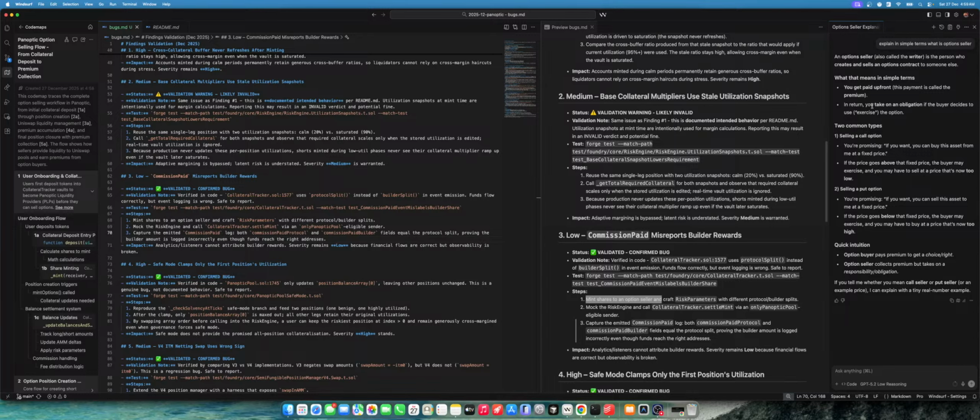And in return you take on the obligation if the buyer decides to use it. An option seller creates and sells an option contract to somebody else. Okay. You get paid upfront, and then you take an obligation of the buyer to use.